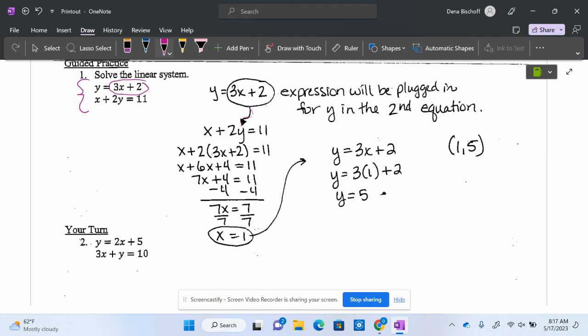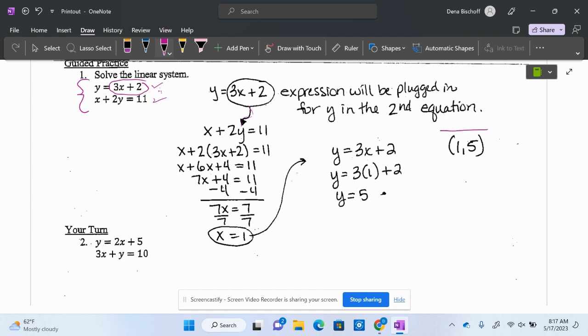X equals 1. So I take that solution and I plug it back into one of the original equations, not something that you manipulated, one of the originals. So I plugged it into the first one. So y equals 3x plus 2. I'm replacing x with a 1. Y equals 3 times 1, which is 3. So y equals 5.